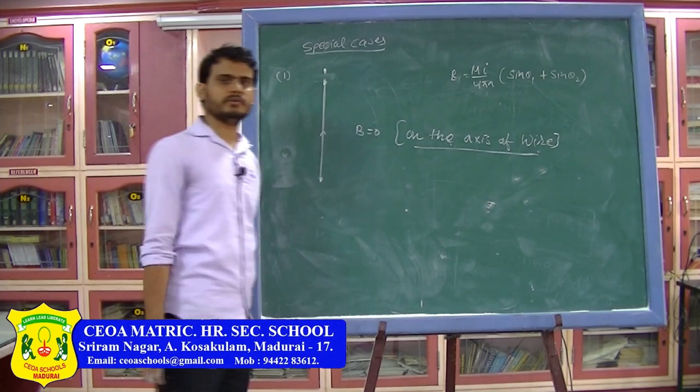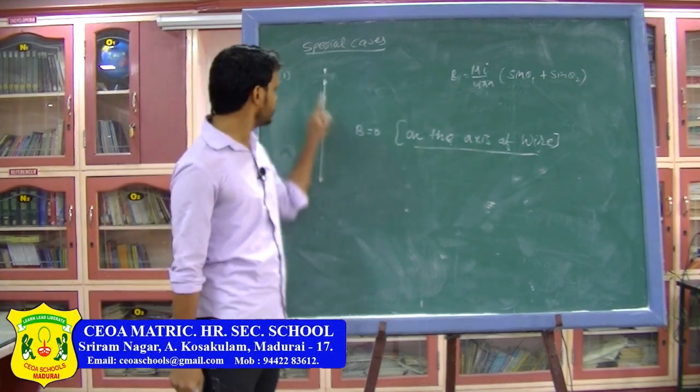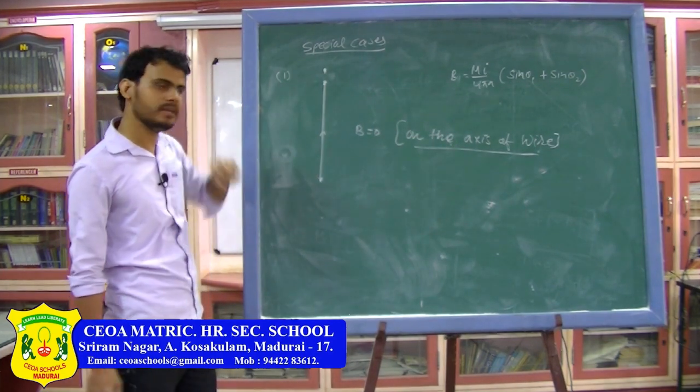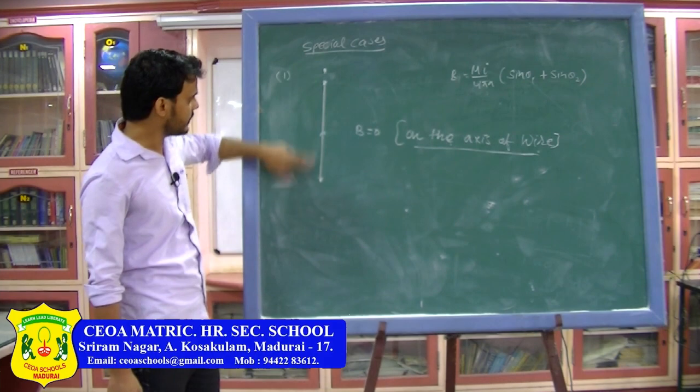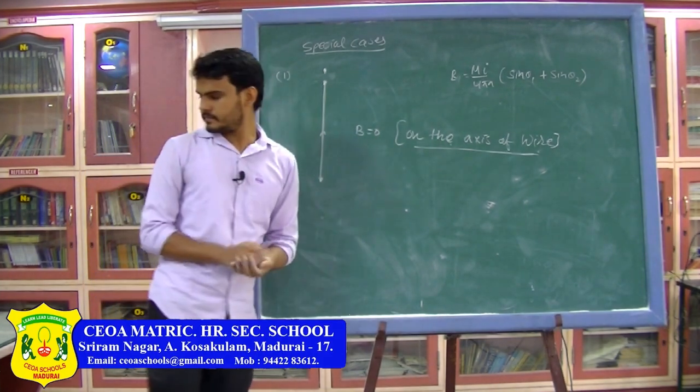So on the axis of the wire the magnetic field can be written as 0, because here the point is making 0 degree and 180 degree angle with respect to the ends of the wire. So magnetic field on the axis of the wire is 0.